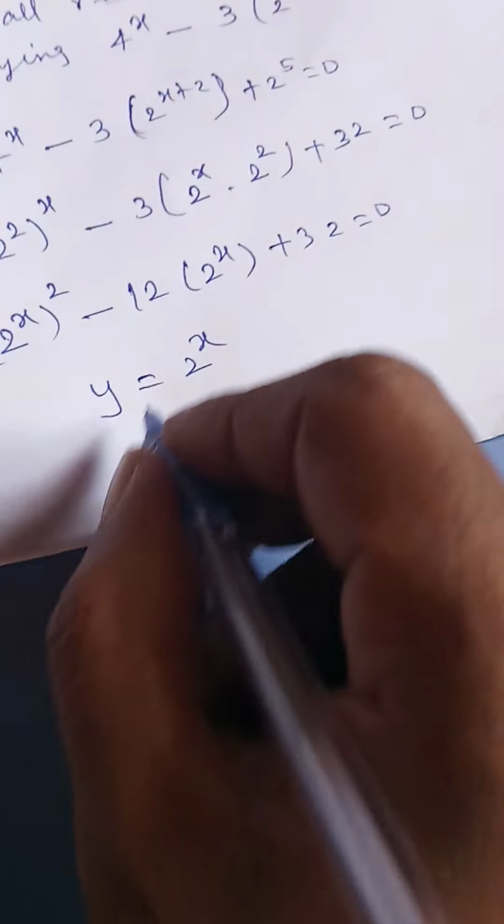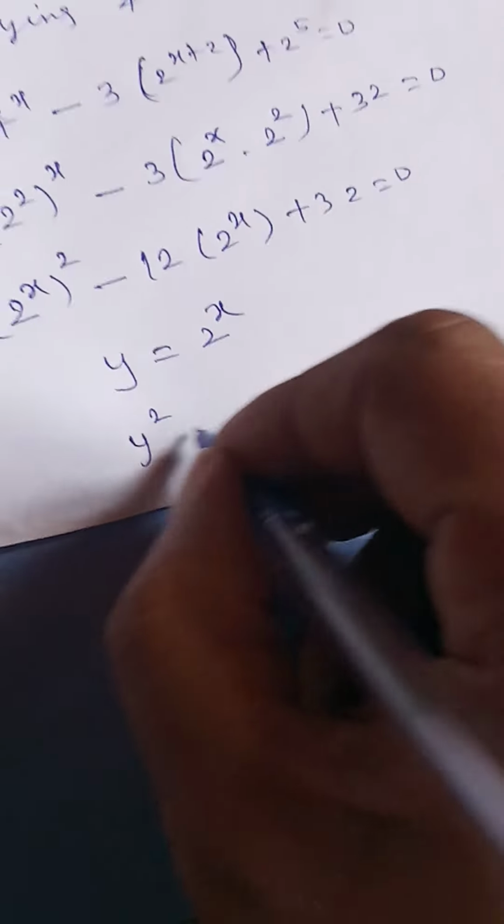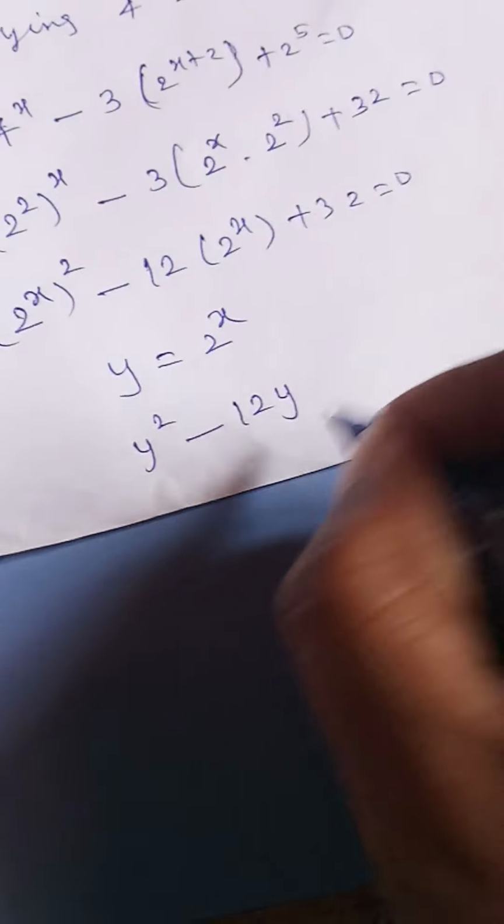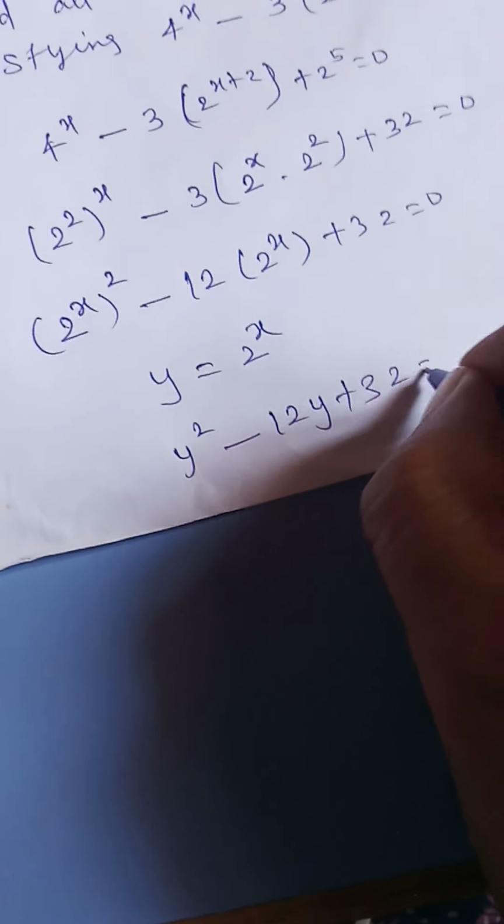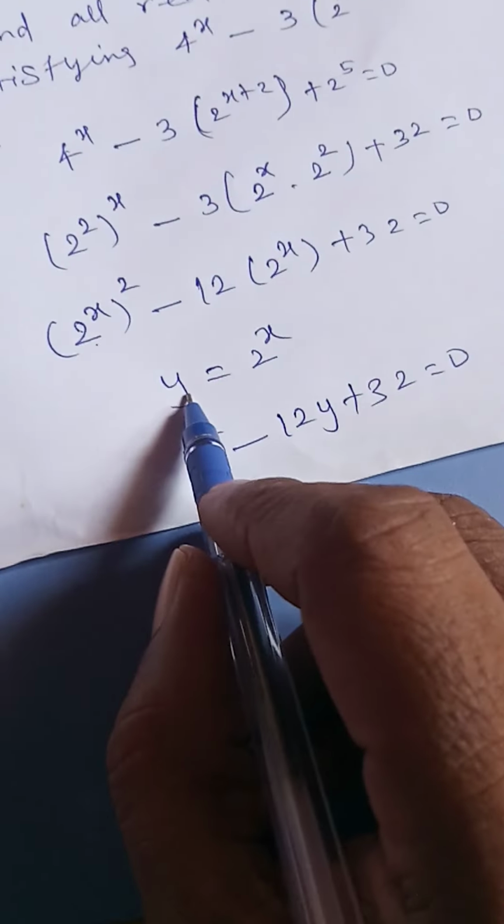That is a quadratic equation. I take y equal to 2 power x, then y square minus 12 into y plus 32 is equal to 0.